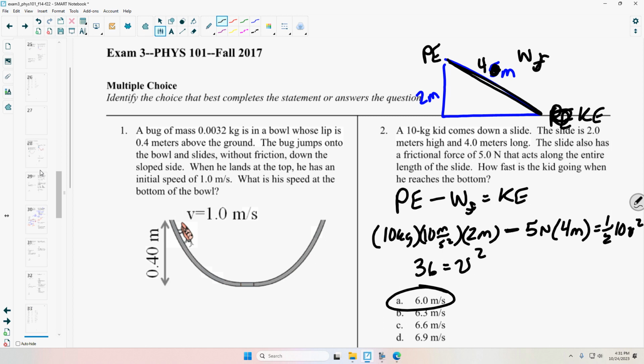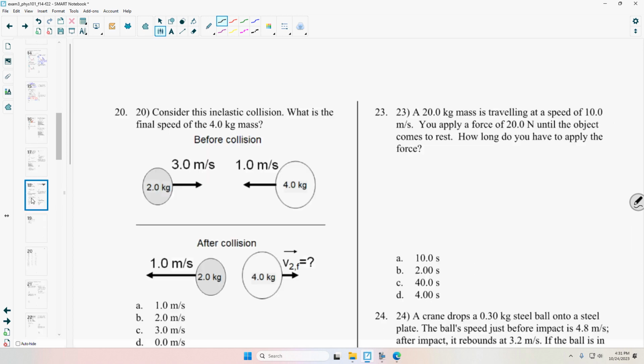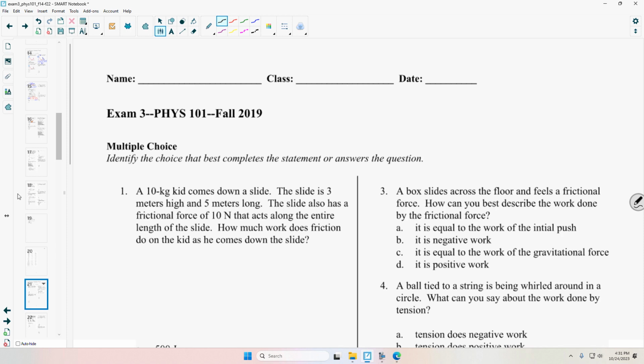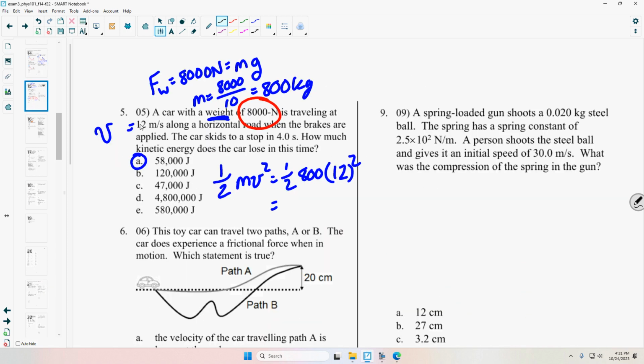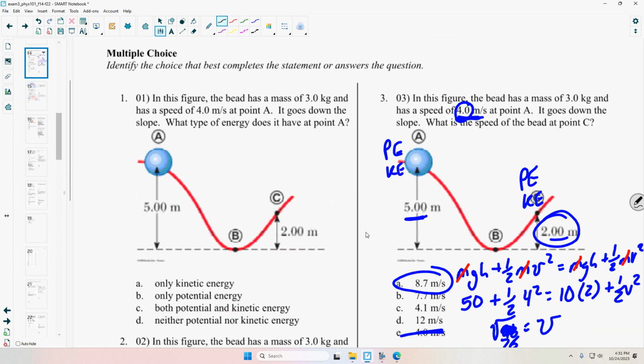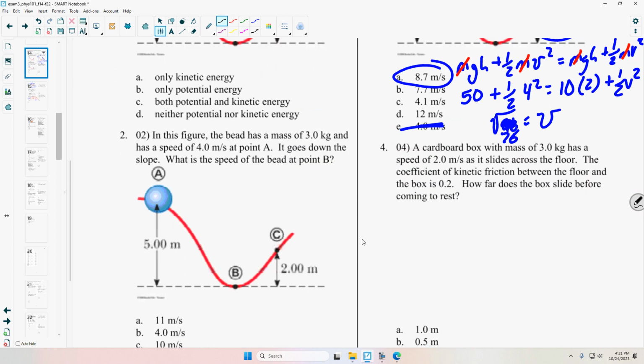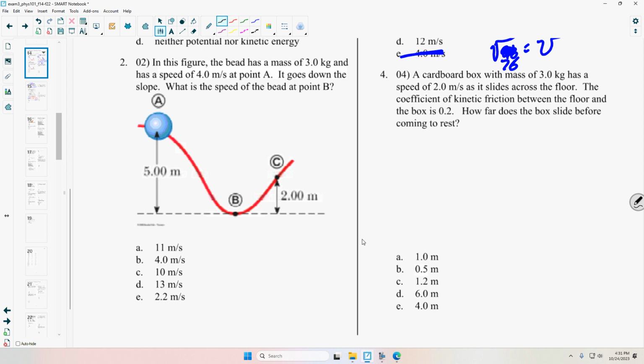Number 4. Okay. I think this is another one of those. Yeah, so this is another of those work energy theorems. You can have one that's on an inclined plane, or this would be another type of that problem. Just like the one that we worked before, I have this cardboard box. It's sliding across the floor with a certain velocity, 2 meters per second.